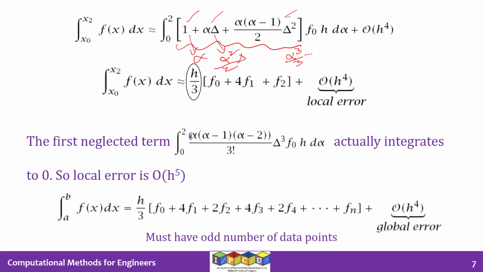If you integrate, you're going to get minus α squared by 2, and then the whole should be divided by 2. This is multiplied by Δ squared. Of course, f0, h, etc. are all there. So when you do the algebra, that means you expand Δf0, you expand Δ²f0, and then put them all together, you will get this expression.